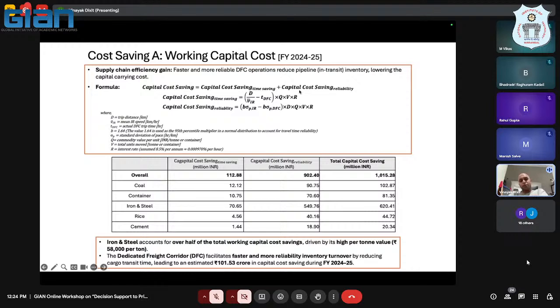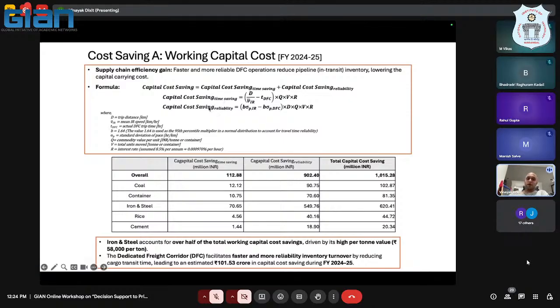So we generally assume 8.5% per annum, and you convert that per annum into per hour. This is based on simple interest. So what you're doing is looking at how much is being saved because of that travel time.